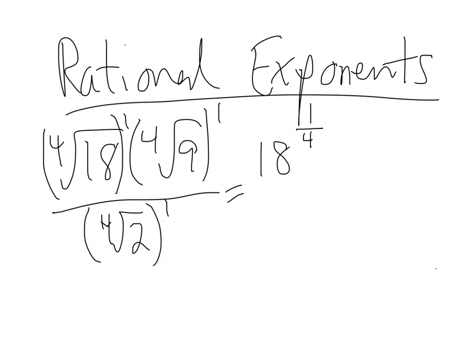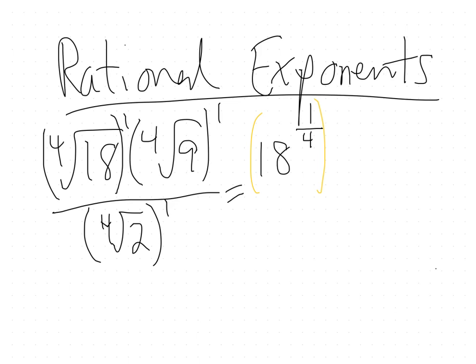So the fourth root of 18 can be converted to a power with a rational exponent of 18 to the exponent 1 over 4. Okay, so that's the first one converted.